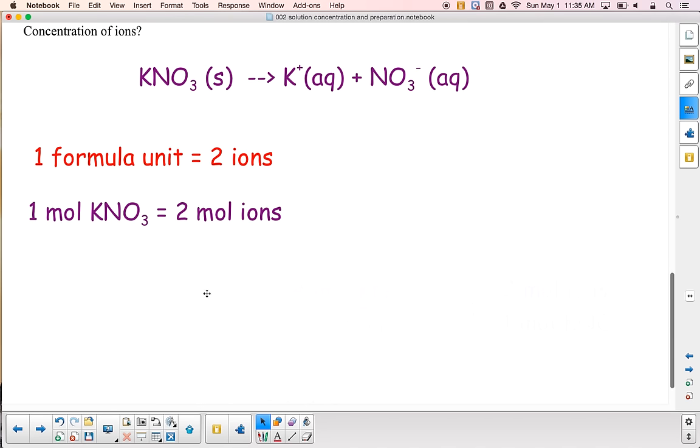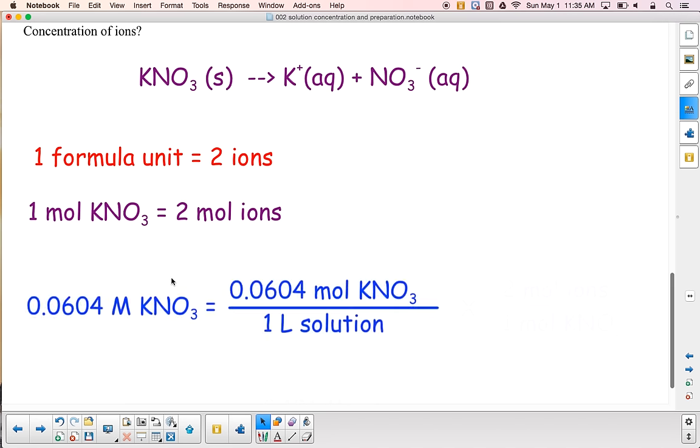To figure out the concentration of the ions, I'm going to take the concentration that I had calculated before for the potassium nitrate, and remember what molarity means. Molarity simply means that we have 0.0604 moles of KNO3 per 1 liter of solution.